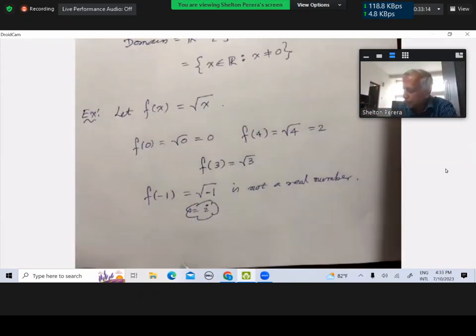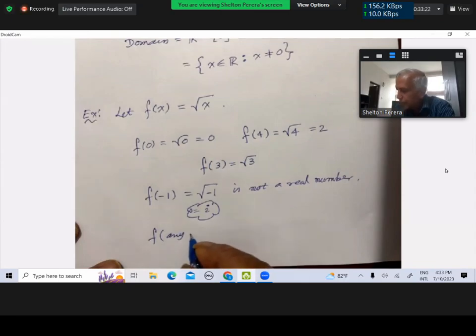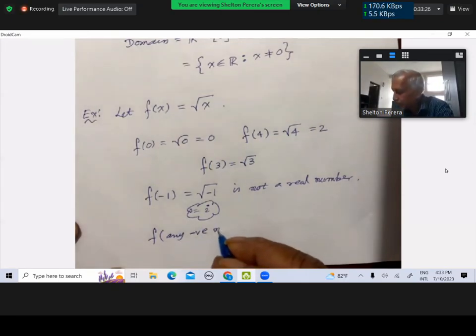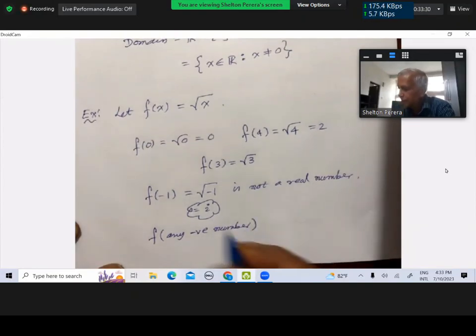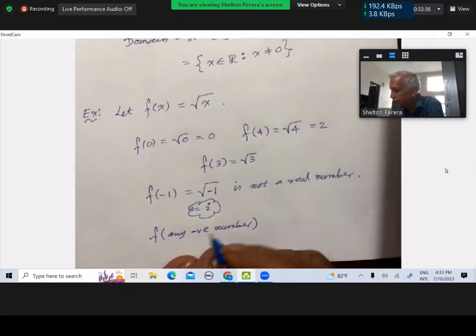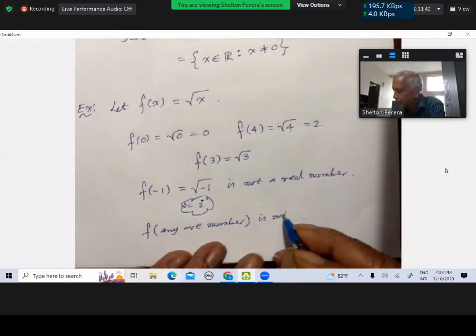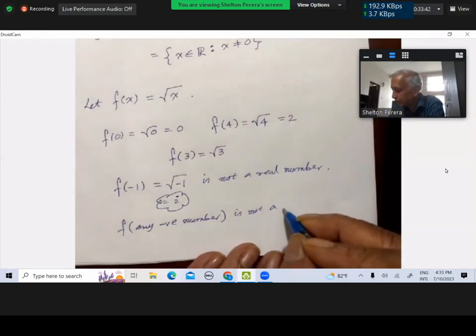So f of -1 is not a real number. f of any negative number, any negative number, not only the square root of -1, but the square root of any negative number is not a real number.